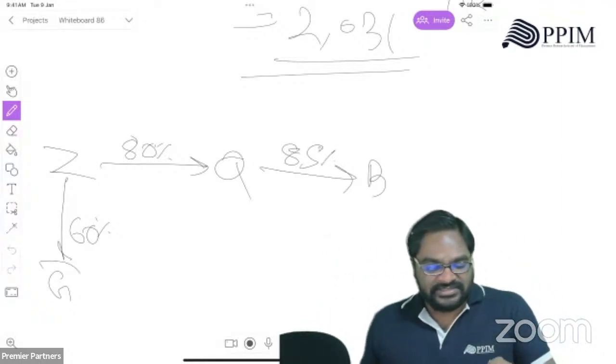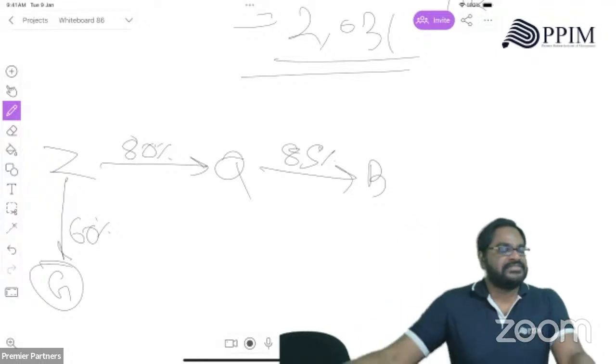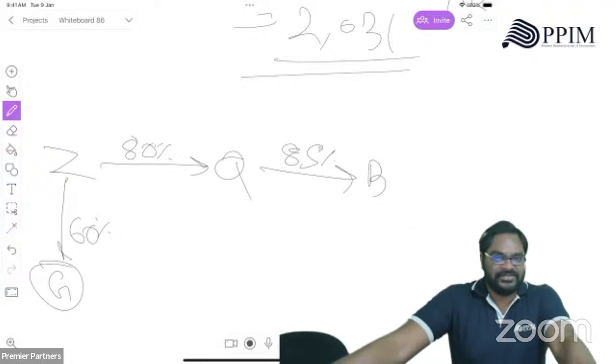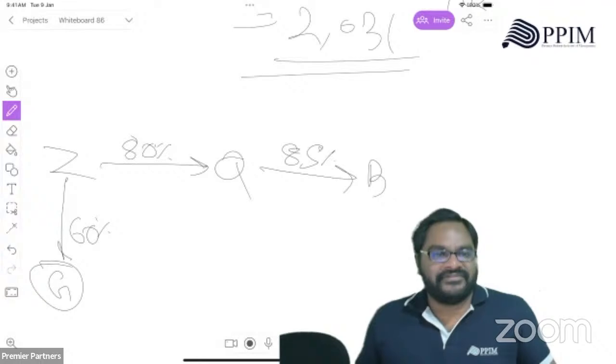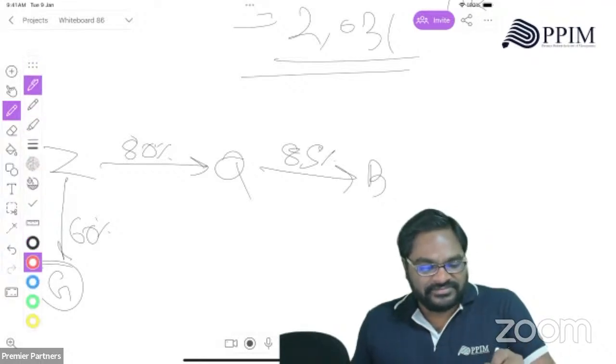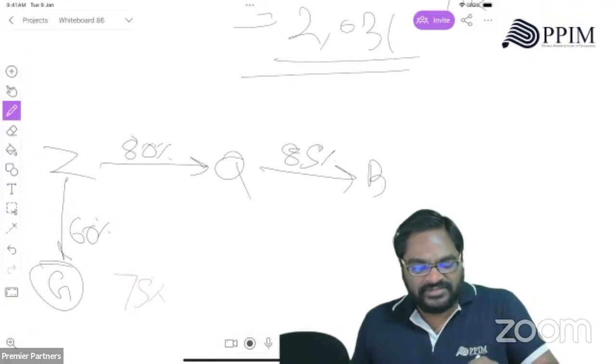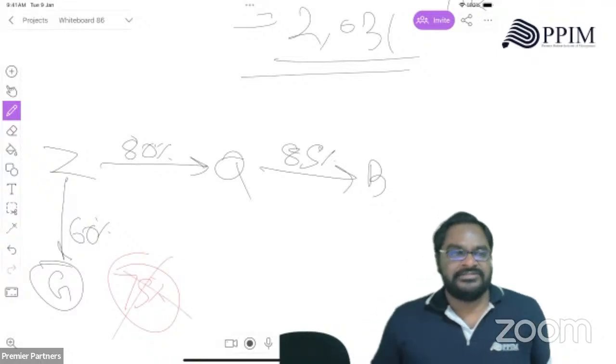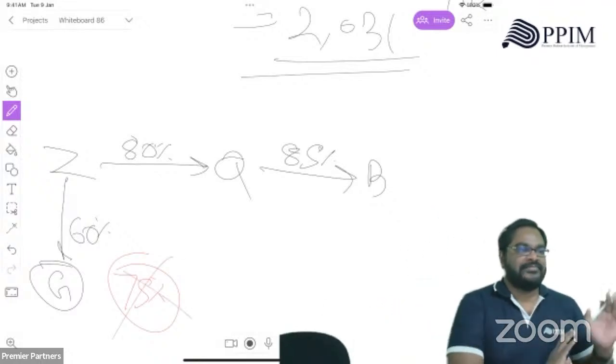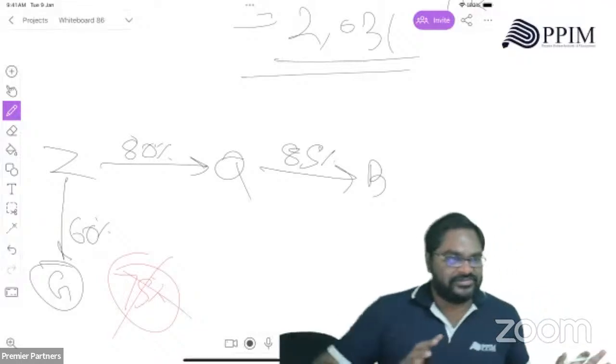So for G, is it forming a part of the group relief group? No. Chargeable gain group? No, because you don't have the 75% effective ownership here. So G is coming under neither of the groups.